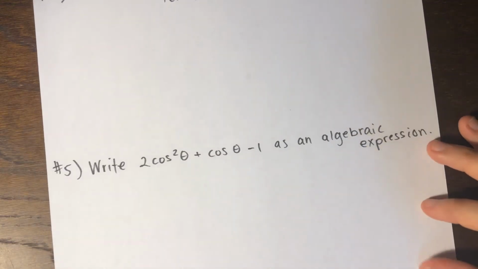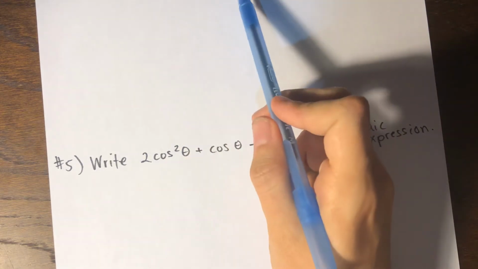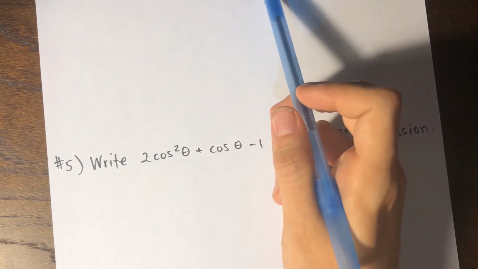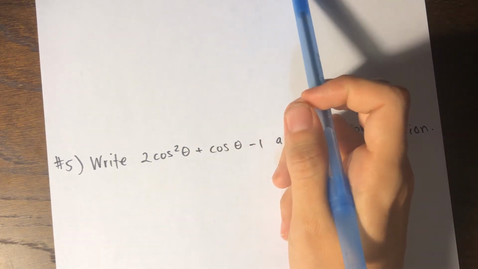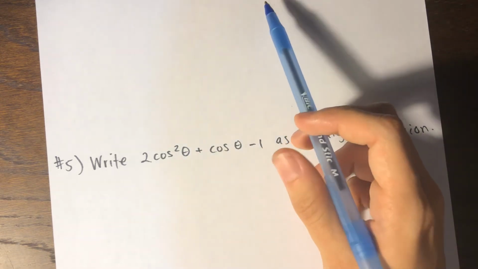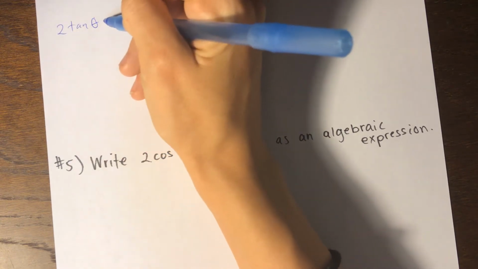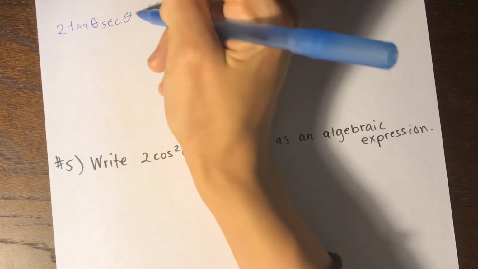Just a couple more. Number 4, we need to create an identity for 2 times tangent of theta times secant of theta by rewriting in terms of sine only. So we have 2 tan theta times secant of theta.